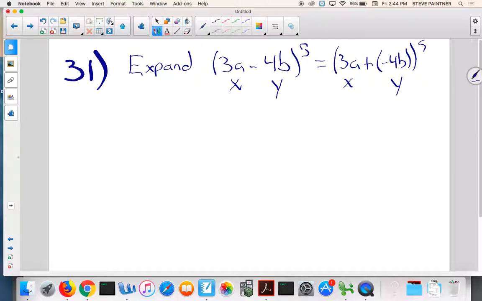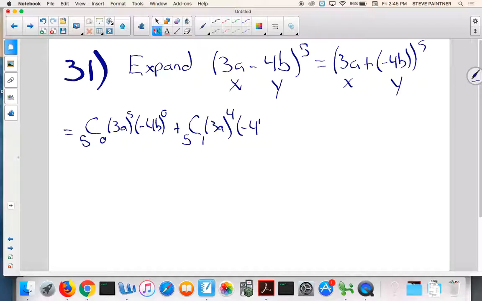So using our binomial theorem, we will get 5 choose 0, 3a to the fifth power, negative 4b to the 0th power for our first term. Our next term is 5 choose 1, 3a to the fourth power, we're just going down by 1, negative 4b to the first power.